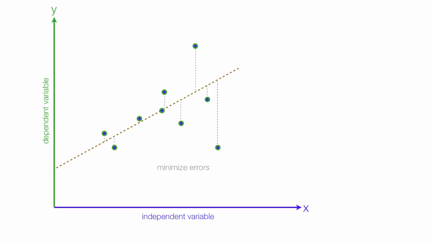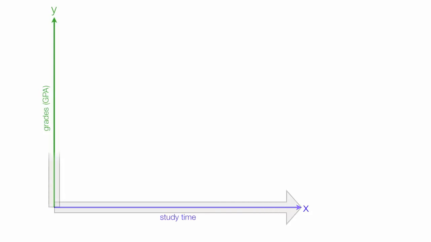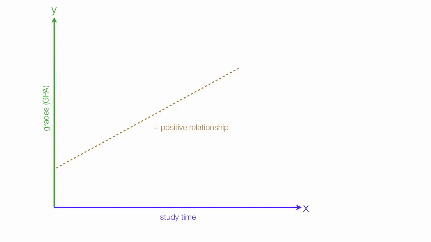Now let's imagine I put study time on the x-axis, or make that my independent variable, and the dependent variable becomes grades or GPA. As study time increases, grades should go up. There is a positive relationship. In regression, we develop equations like this.